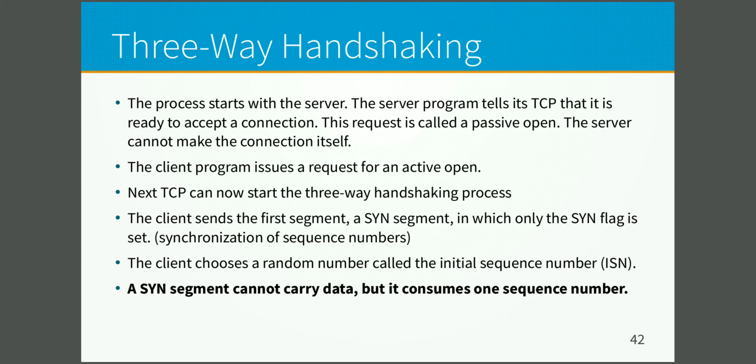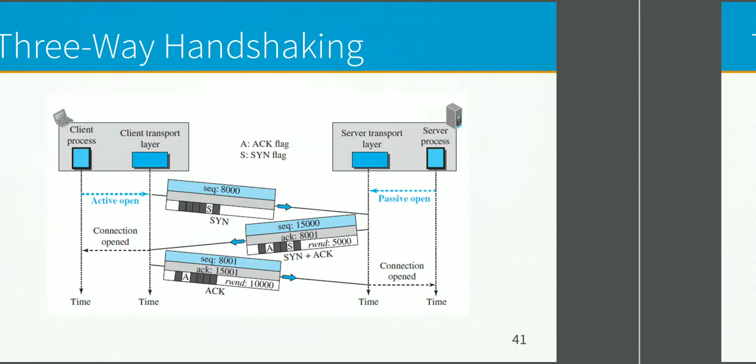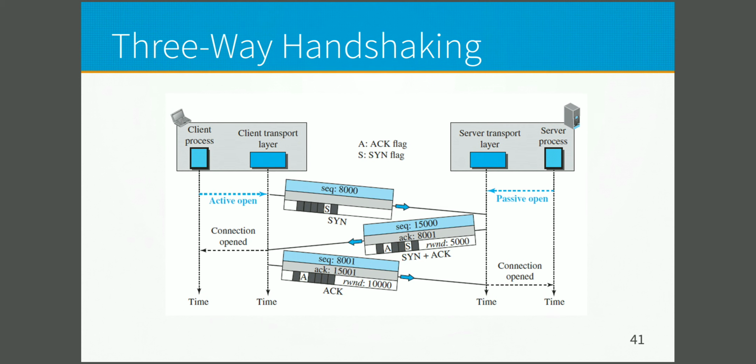Out of the 6 flags, only the SYN flag is set. The fifth flag, as you can see here, what is written as yes in the black shaded portion in the segment, the fifth bit which indicates the SYN flag is set. By set we mean that the bit will be set to the value 1.